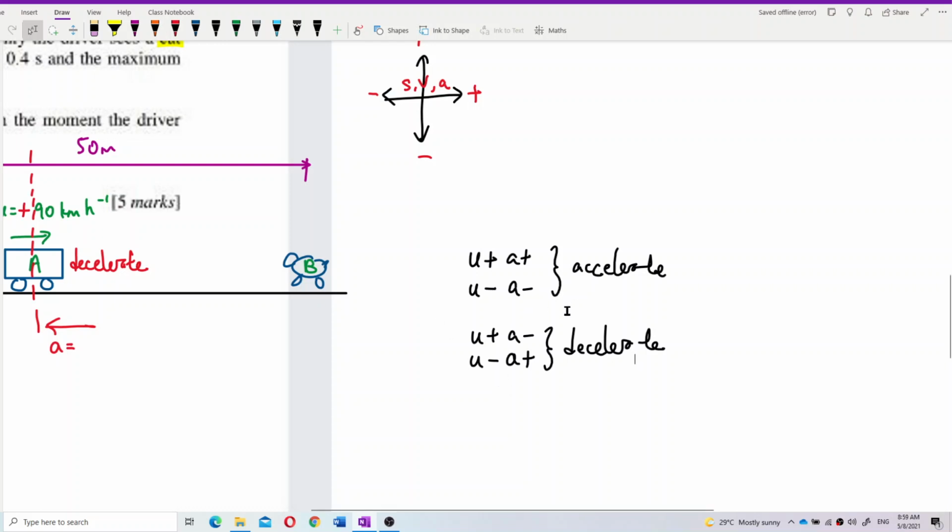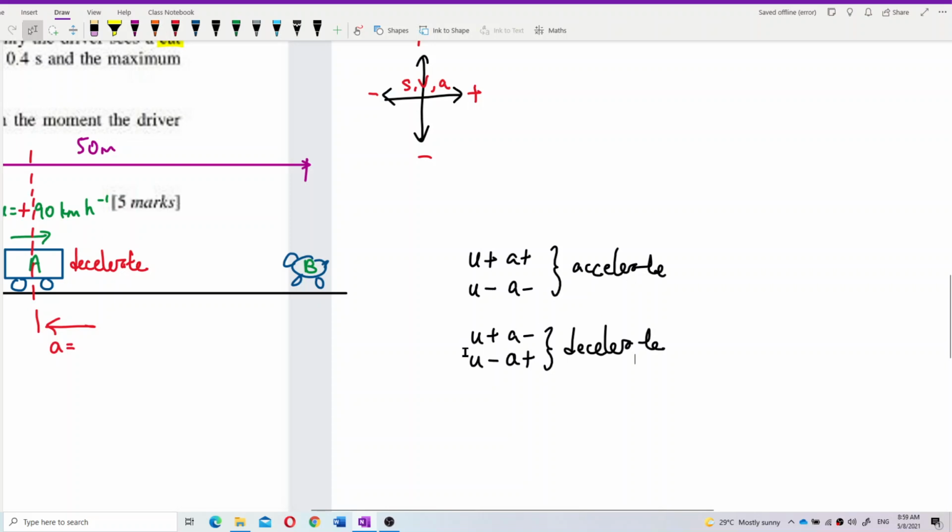So we don't say that because acceleration is positive then it accelerates. No, sometimes negative acceleration can also accelerate. You must always compare the acceleration with velocity. We don't say that negative acceleration must be deceleration. If velocity and acceleration are both positive or both negative, the same direction, the object accelerates.